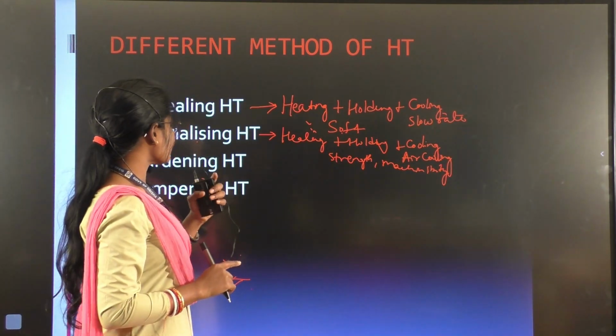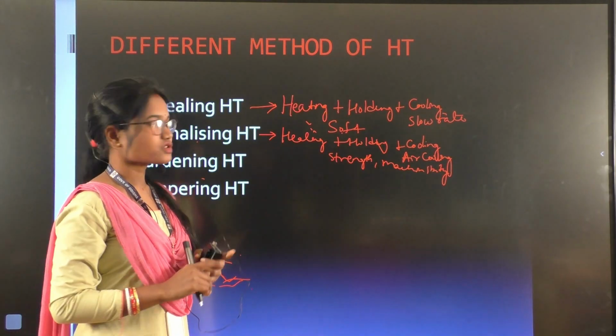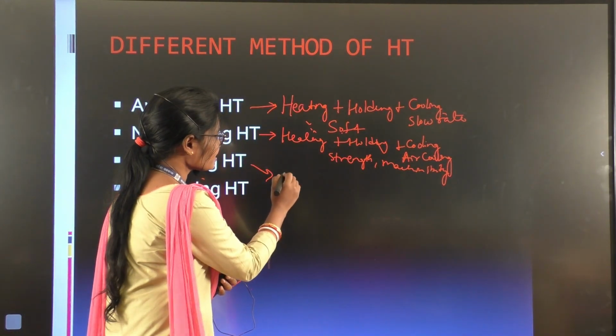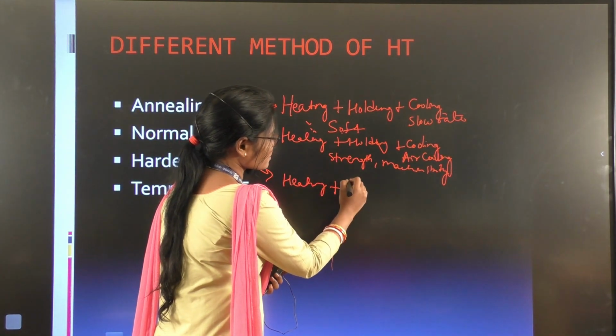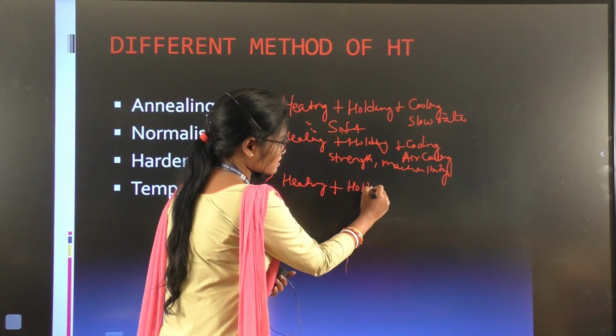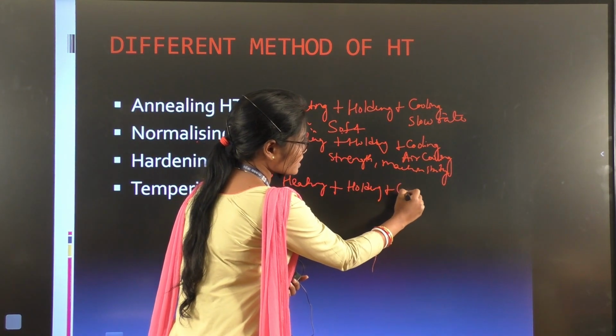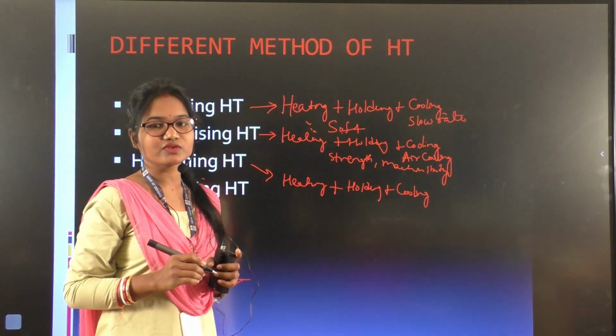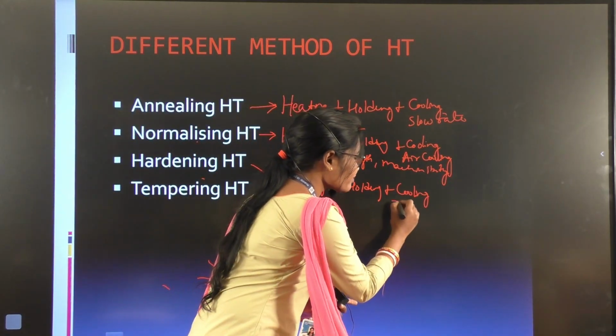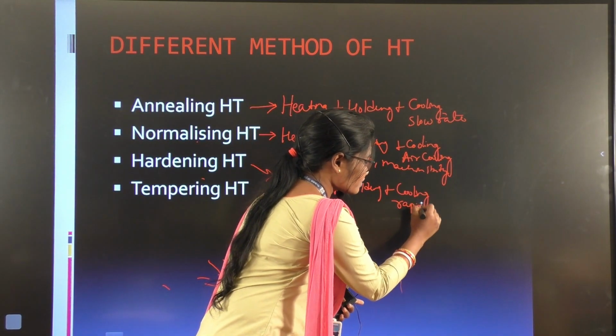After normalizing comes the hardening method. The hardening method is also followed by a heating process, a holding process, and then a cooling process. But here the only difference is that rapid cooling is carried out.